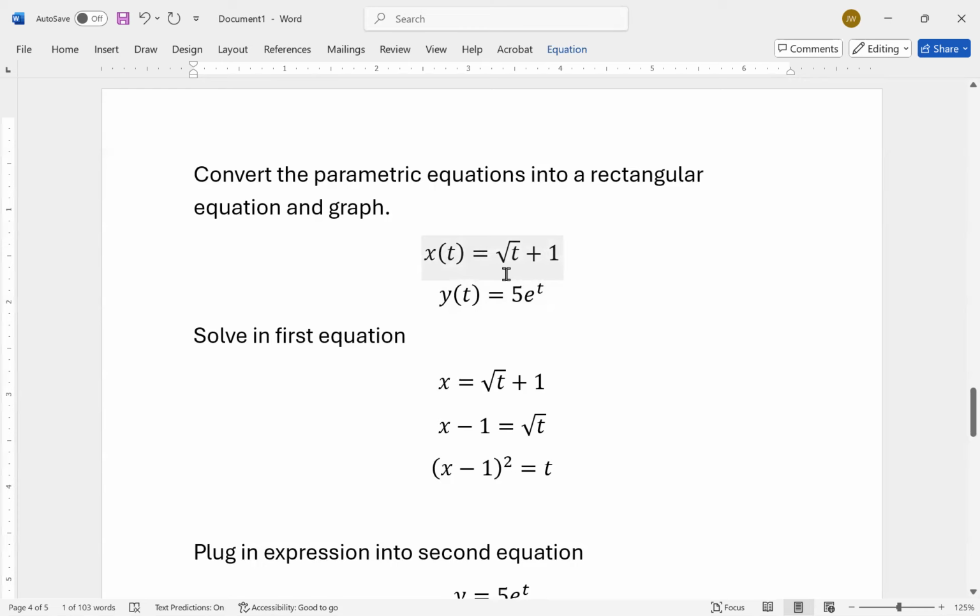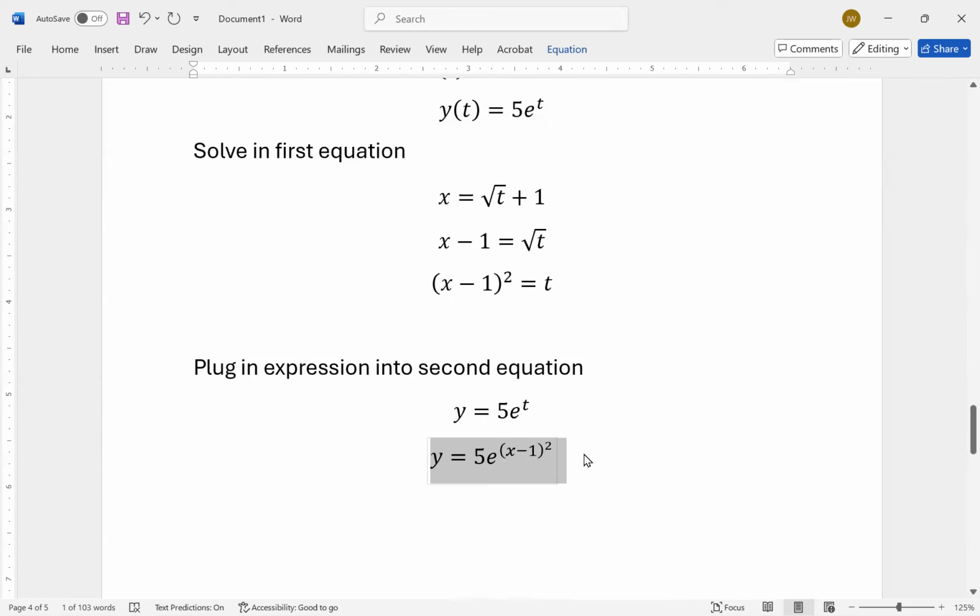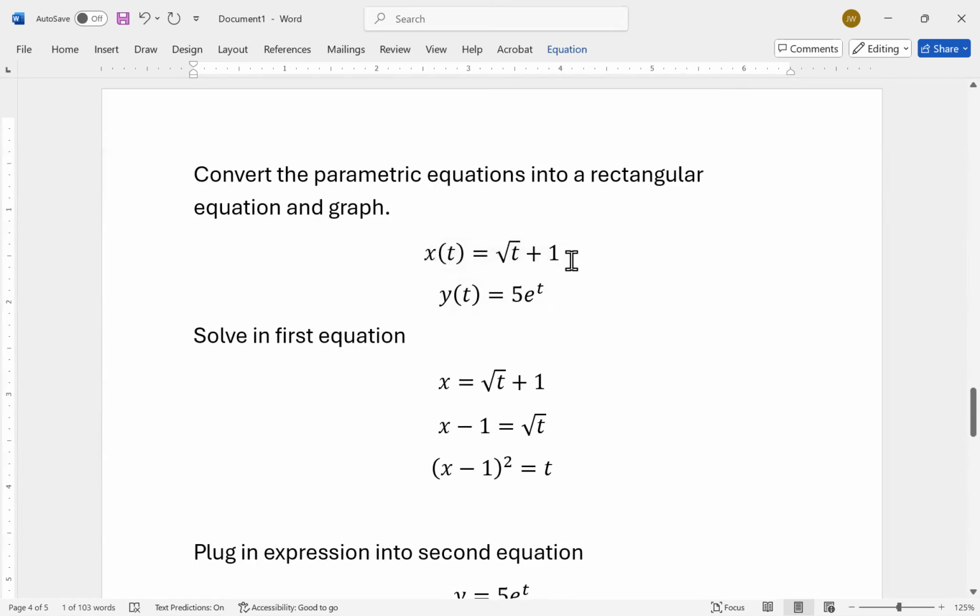Because of this square root of t, I needed to plug in t values that were greater than or equal to 0. That translates to x values that are greater than or equal to 1, since x is the square root of t plus 1.